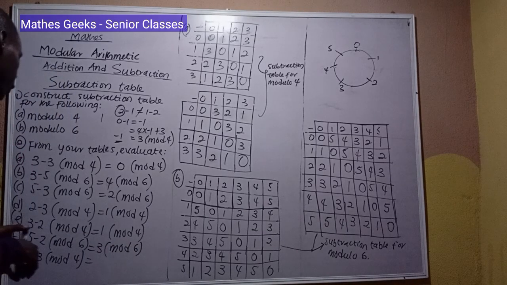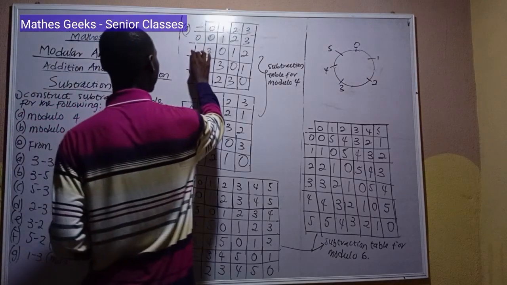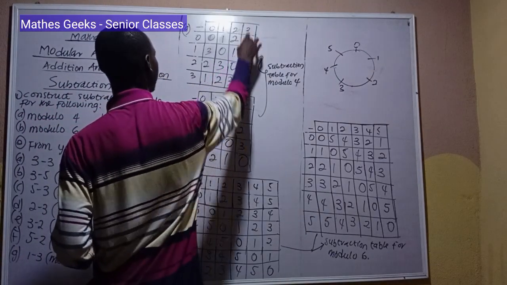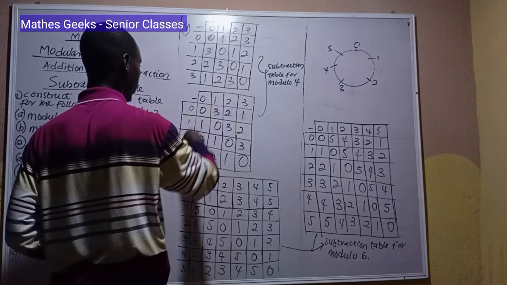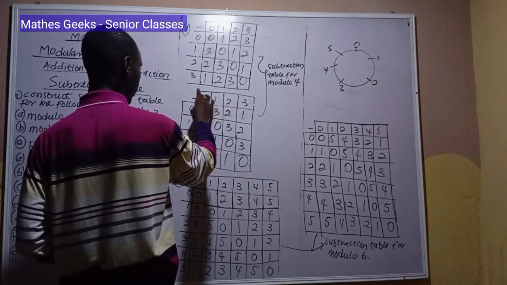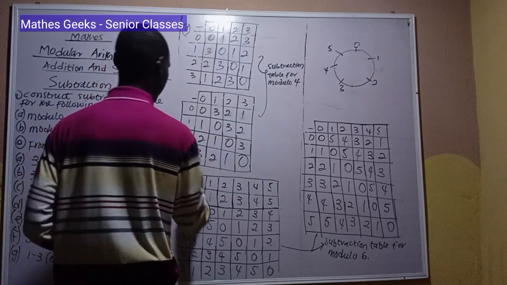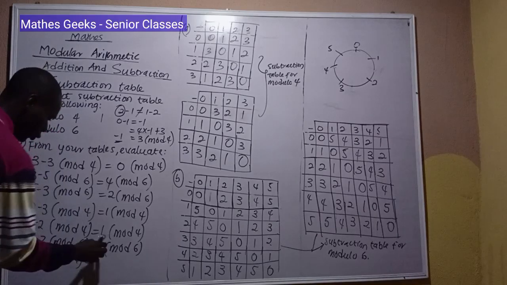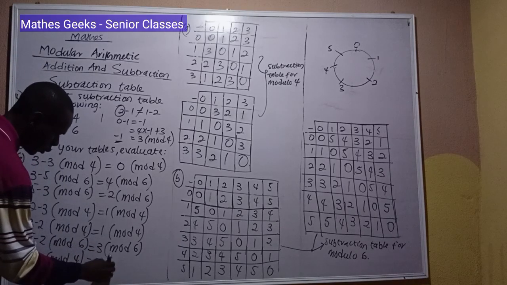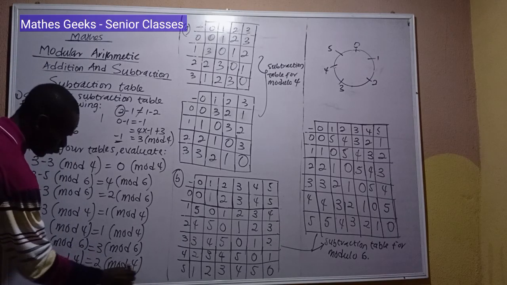Then 1 minus 3 mod 4. 1 minus 3 is 2. Then we come here, 1 minus 3, which is 2. Yes, that's 2 mod 4.